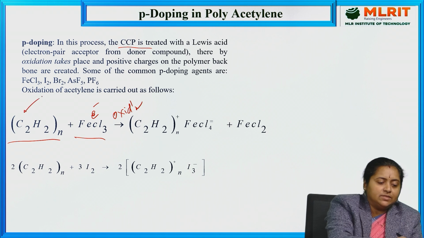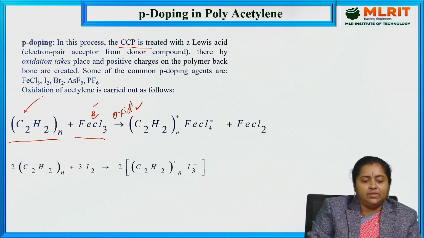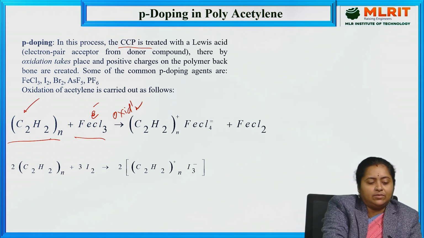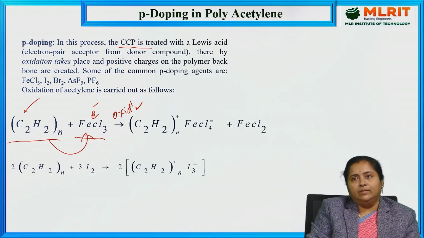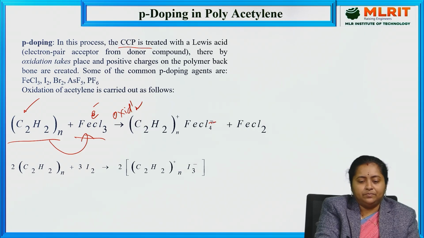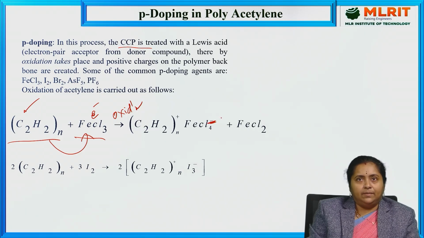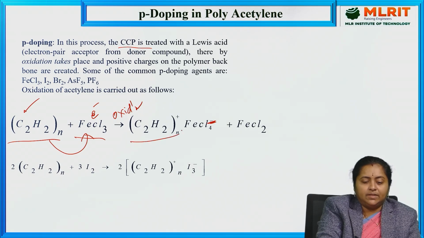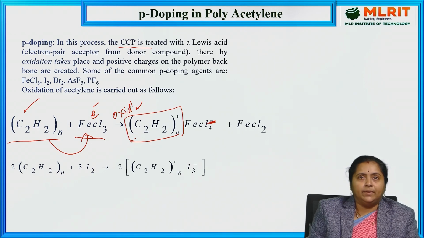That means this polymer is able to release electrons, and those released electrons are accepted by the Lewis acid. So as a result oxidation takes place, and if you notice the polymer backbone, a positive charge is created, right?